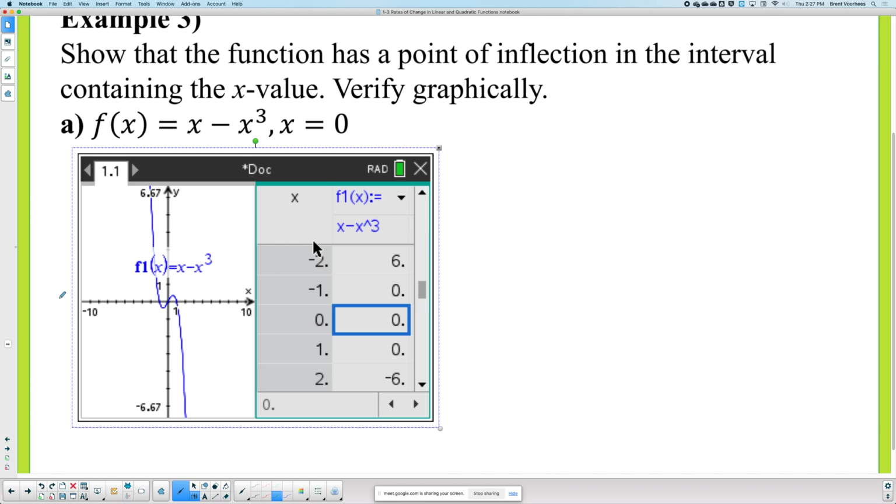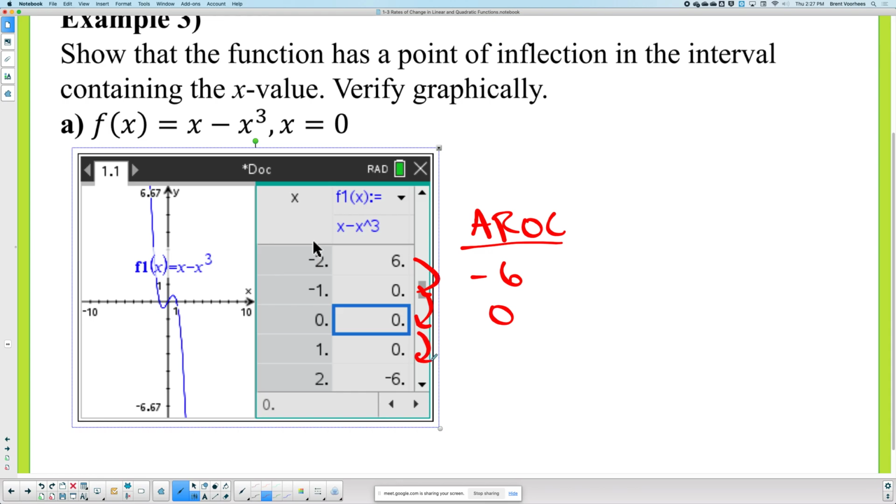All right, Josmar, you look like you're wanting to fill this out for me this time. How much do we change going from 6 to 0? -6. Okay. What about from 0 to 0?